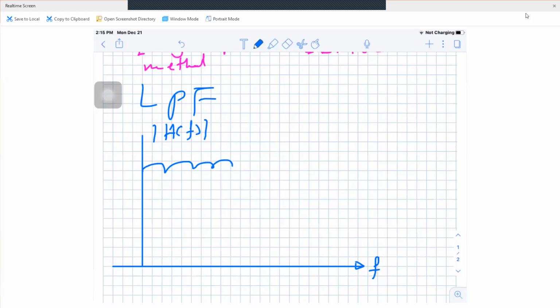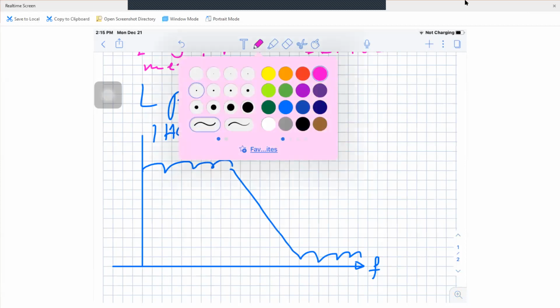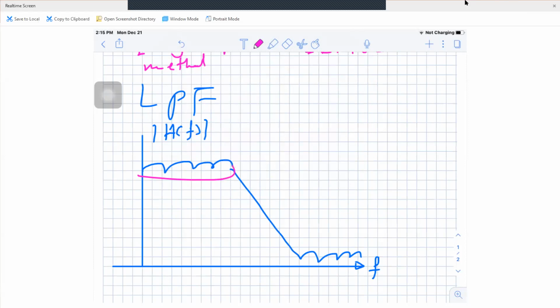Then it will be followed by a transition region, and then we have the stop band region. Now these regions, this one is called what? This one is called pass band region. Okay, pass band region. This one will be stop band region.